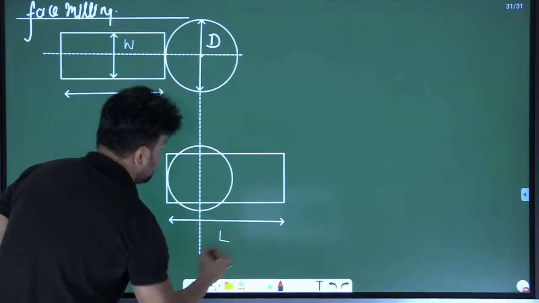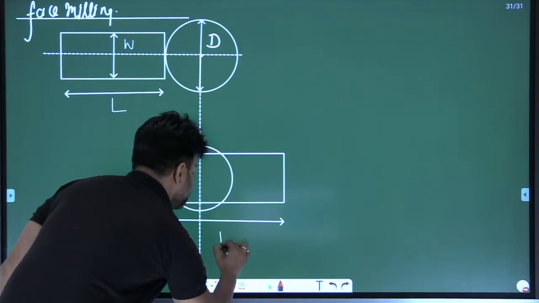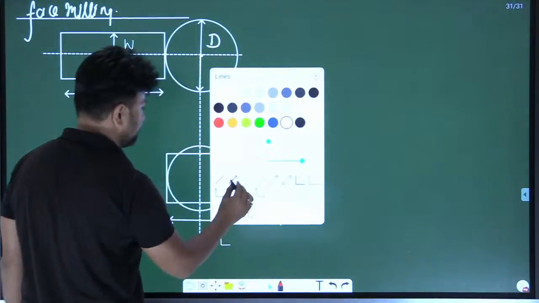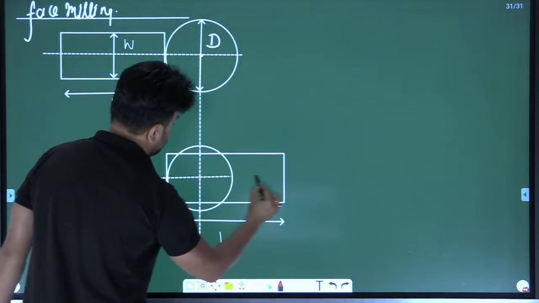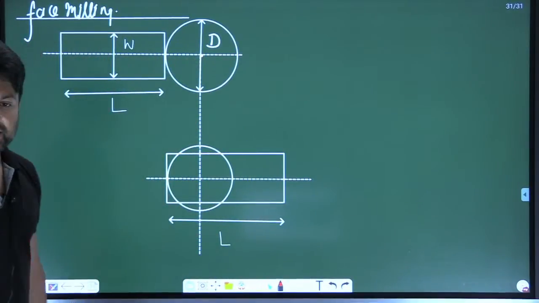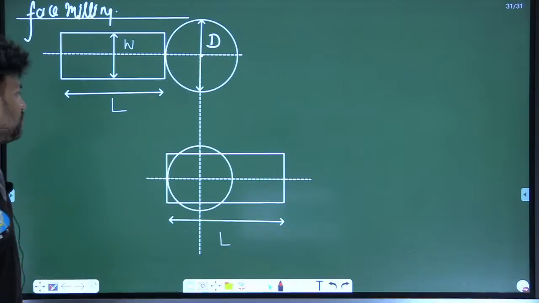Tell me, is the milling completed? Here the workpiece has traveled the L length, or the work table has traveled the L length. Is the milling completed? Yes or no?